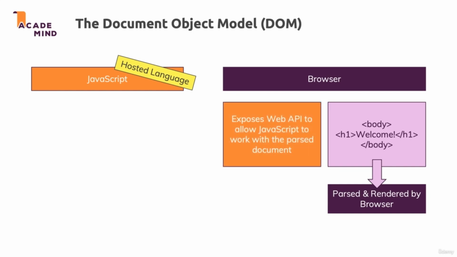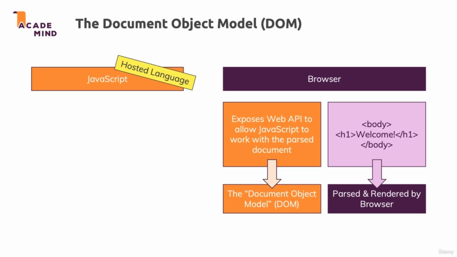It also provides a bunch of APIs, a bunch of functionalities into which JavaScript can tap, so that JavaScript can interact with the browser. We also saw that already, and it will become super important here now when we work with the loaded and rendered HTML code, because the browser actually exposes functionality to let JavaScript interact with that rendered HTML code. And in the end, that's called the document object model.